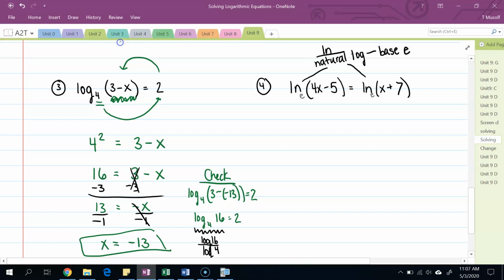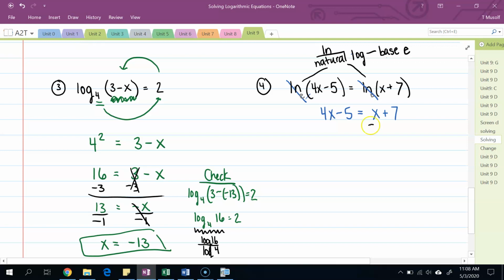All right, so for this equation, since there's a natural logarithm on both sides, I can just cross those out and set the rest equal to each other. 4x minus 5 equals x plus 7. And now this is just a regular linear equation, so I can solve it my normal way.